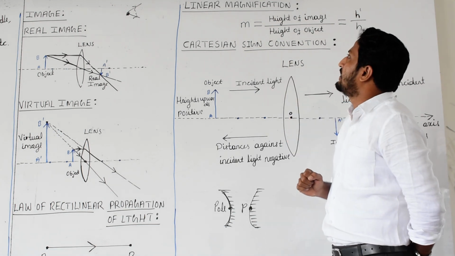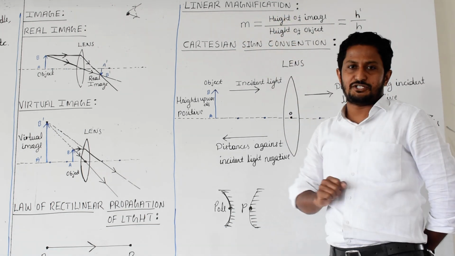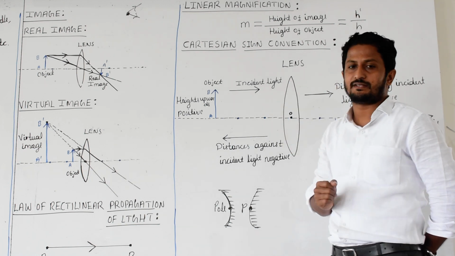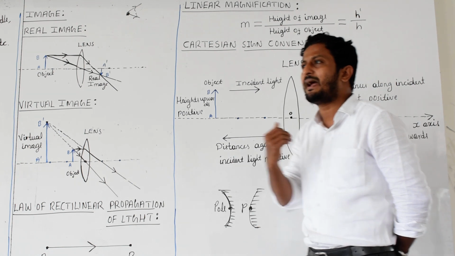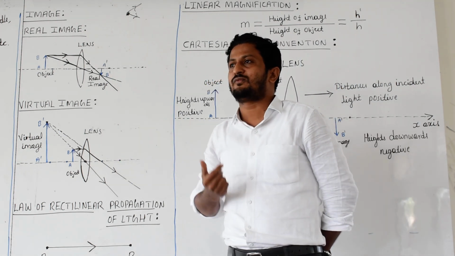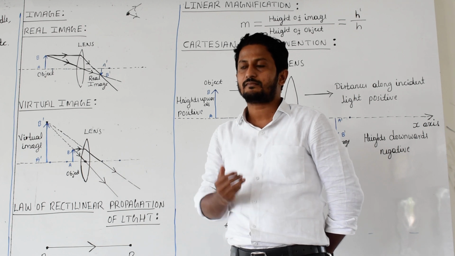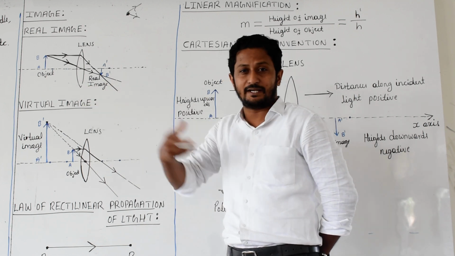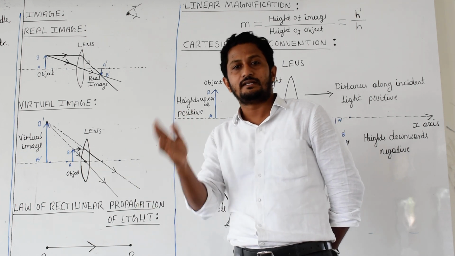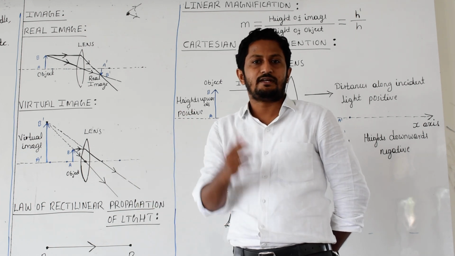Next, after this one, come here. Here, I have written linear magnification. What does it mean? You see, magnification. In these two diagrams, in front of the respective optical element, there is an object, and we got its image.